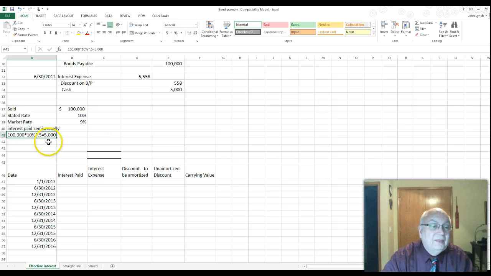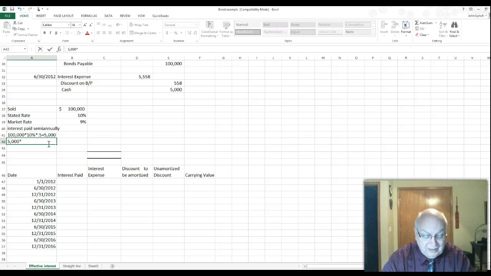Then on this one, the discount rate's going to be different. This will be the $5,000 times, now this time, we want to use 4.5% for 10 pay periods, because it's still a 10-year bond. Not a 10-year bond, but 10 pay periods.